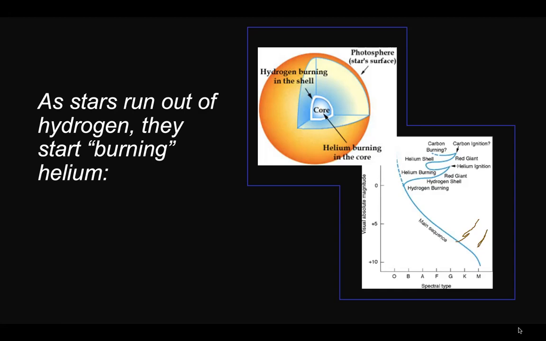As this happens, the temperature at the center becomes high, the gravity becomes high, and a greater amount of nuclear reaction goes on, and it gets hot. As it gets hot, it starts swelling up again. So the stars become brighter and move up.